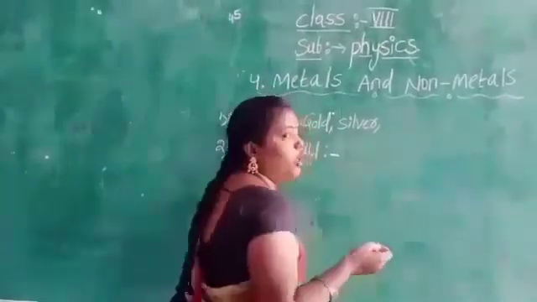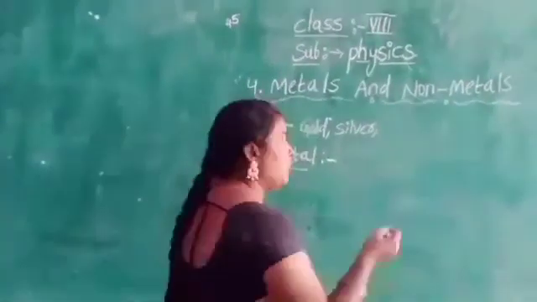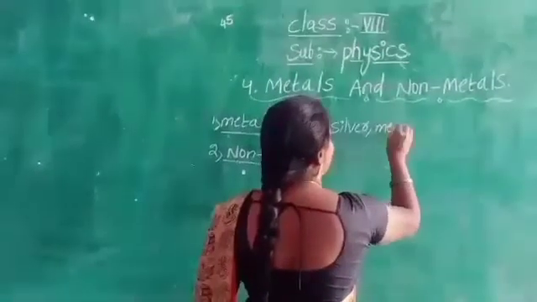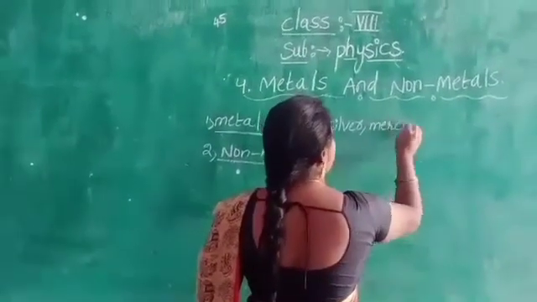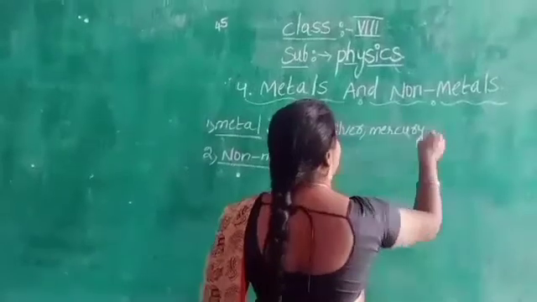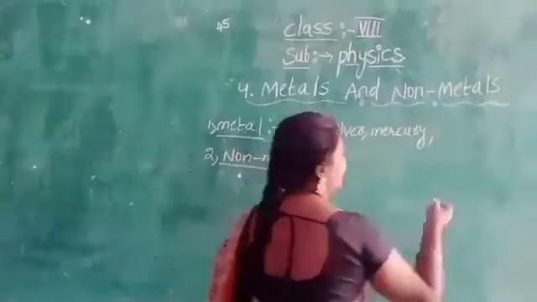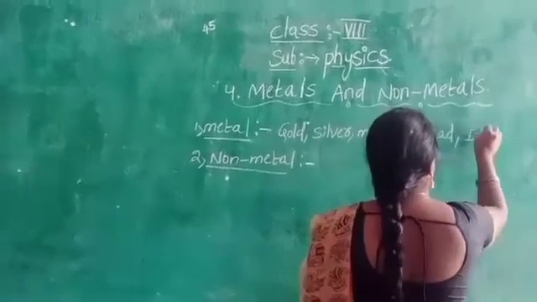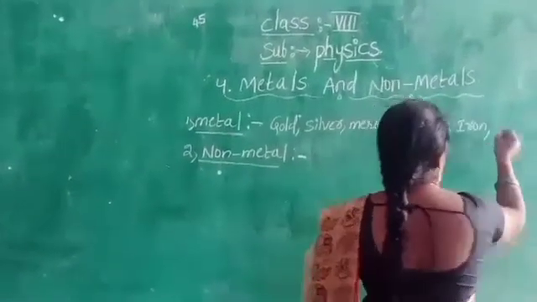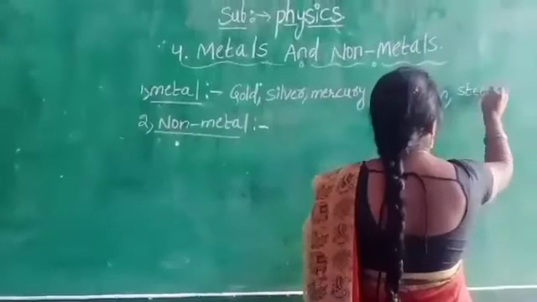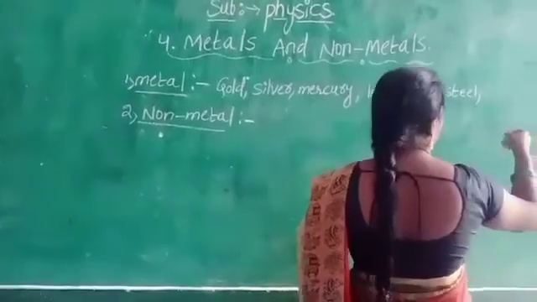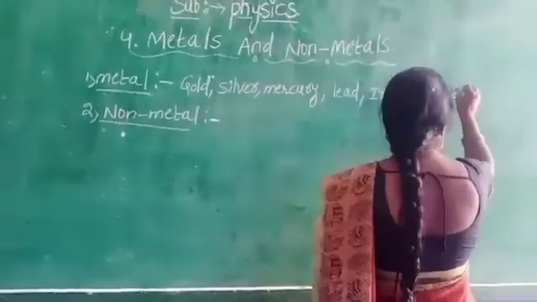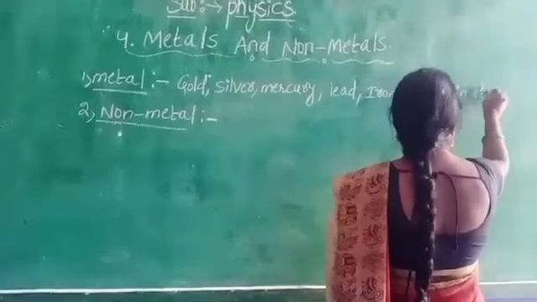Mercury is a chemical which is used in the thermometer, and mercury is a metal. Lead is a metal. Iron is a metal. Steel is a metal. Next, tin is a metal, etc.